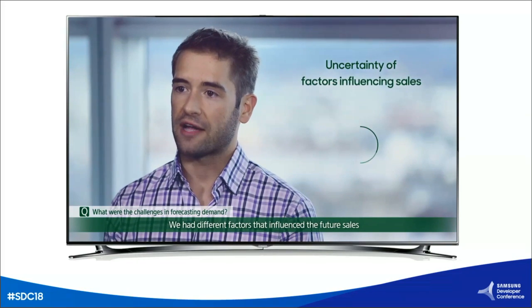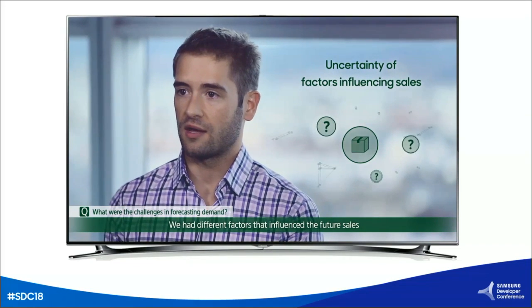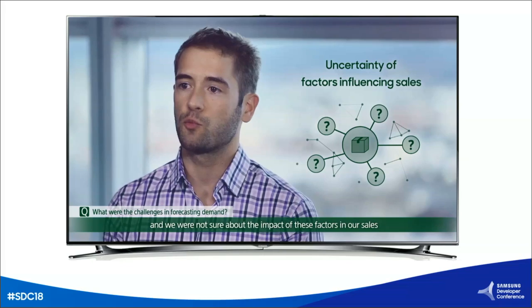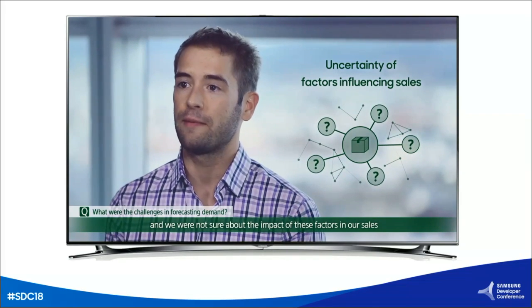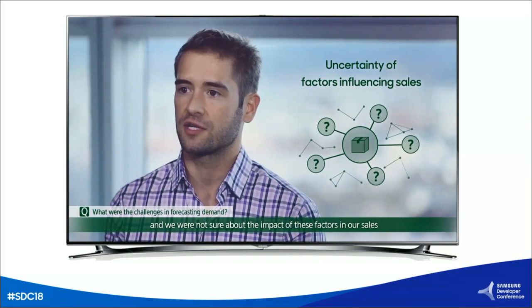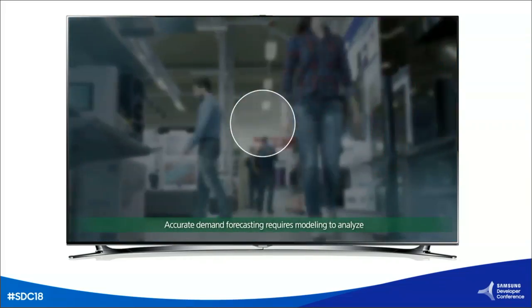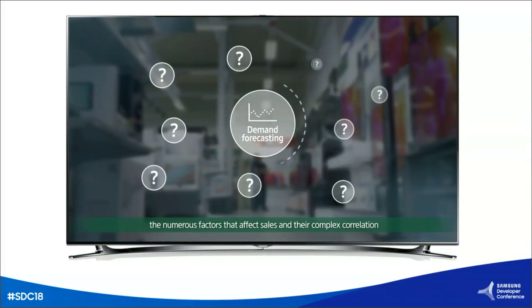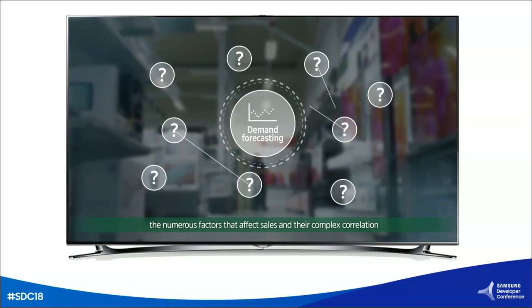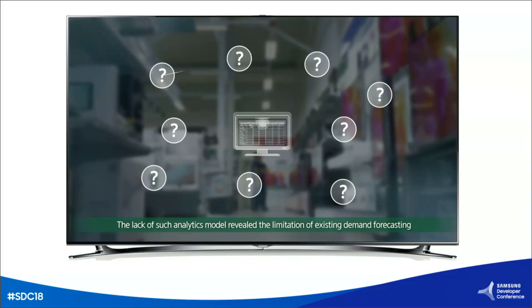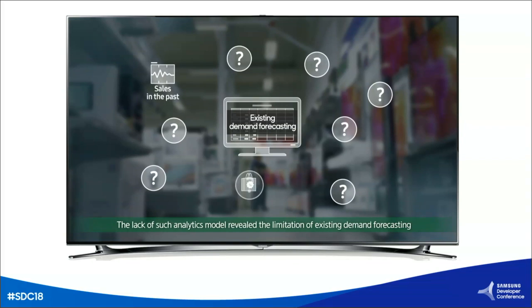We had different factors that influence the future sales, and we were not sure about the impact of these factors in our sales. Accurate demand forecasting requires modeling to analyze the numerous factors that affect sales and their complex correlation. The lack of such an analytics model revealed the limitation of existing demand forecasting.